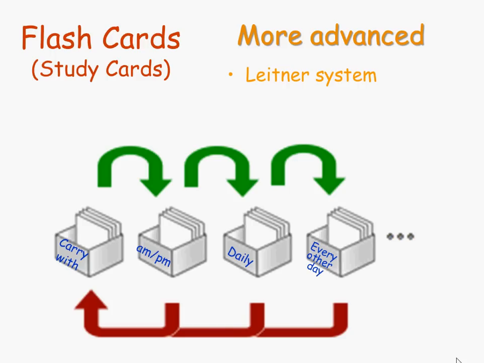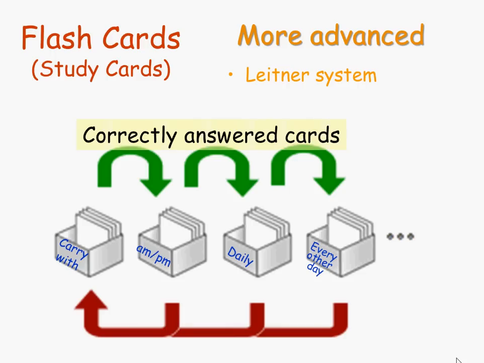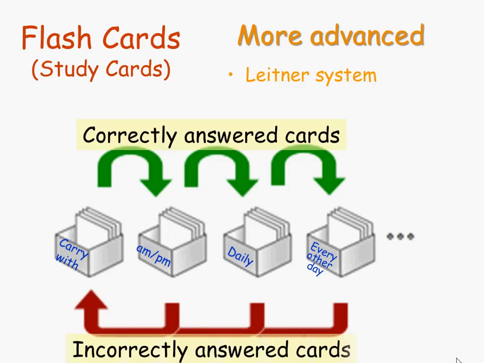So what you're going to do is take a card and look at it, and if you answer it correctly, you're going to move it to a less frequently used box. If you get it right again when it's in that less frequently used box, then you'll move it to an even less frequently used box. If you get one wrong, then you're going to move it in the other direction. You're going to take the incorrectly answered card and move it to a more frequently used box.